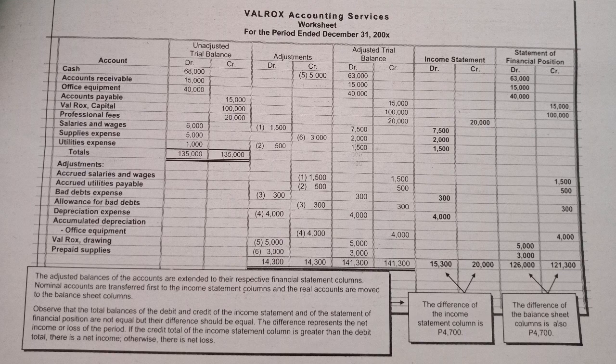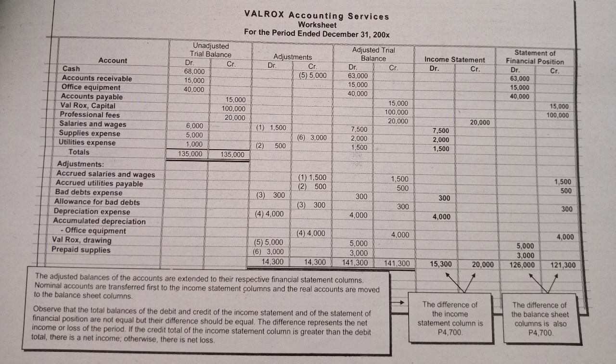So, yung 4,700 na yun, idadagdag from the income statement, ilalagay natin yun ngayon sa credit side ng statement of financial position para magbalanse yung ating debit and credit. So, these are only presentations of the worksheet. So, bago gumawa ng financial statement, gumagawa muna ng worksheet para mas makita, mas mailatag ng maayos yung mga figures.